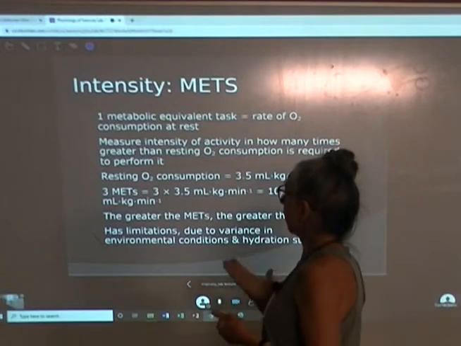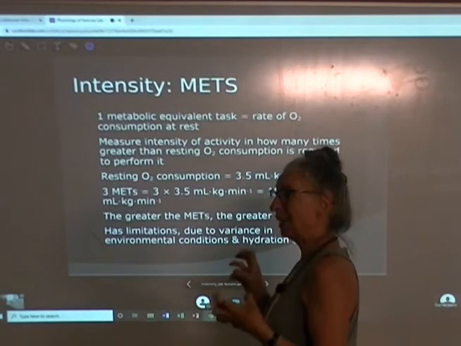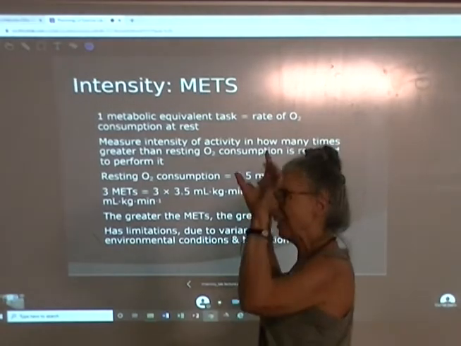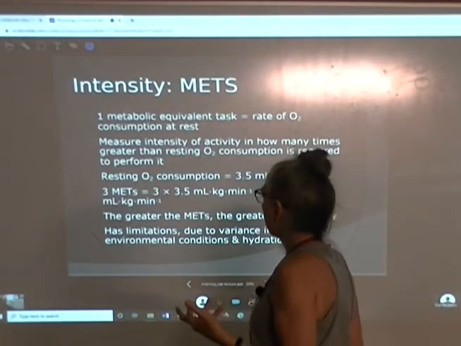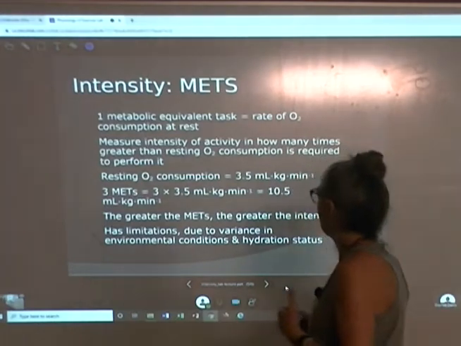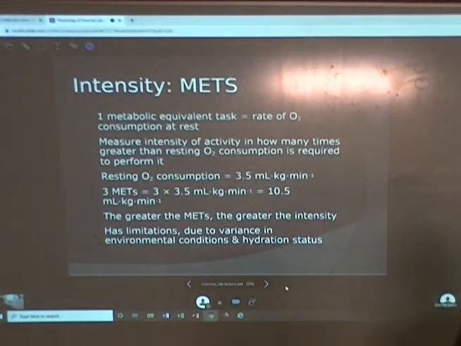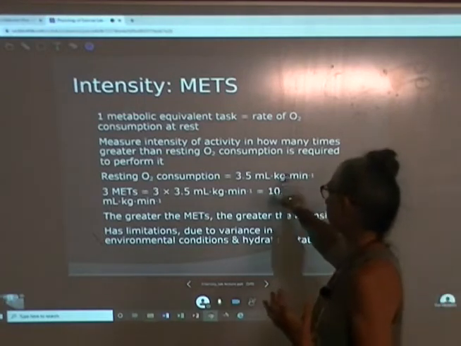It's become a very popular measure lately. It's kind of the in measure of intensity, but I wouldn't pick it personally. Resting oxygen consumption, I mean, this is an average.